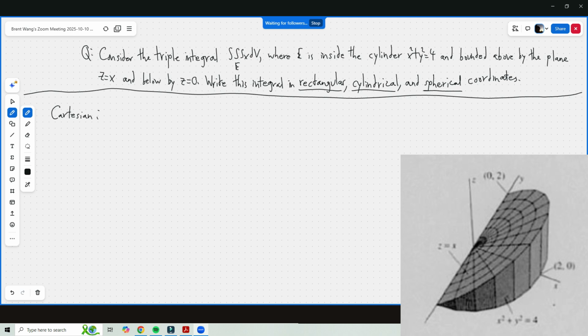Once again, dz dy dx is the easiest order to integrate, so that's what I'm going to do. Let me just write this down. x dz dy dx. So z goes from 0 to x, bounded below by the plane z equals 0, and above by z equals x. For y, let me just draw the xy plane again. This is what it looks like.